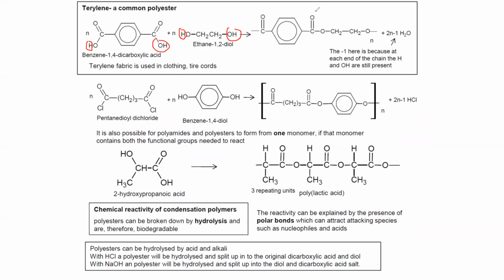This will be a polyester, which has an ester linkage. Same way, if you have diacyl chloride with diol, then Cl will be removed and H will be removed, and they link with each other. Again, an ester linkage or a polyester is formed.